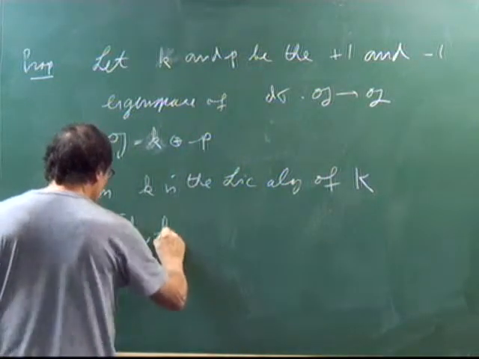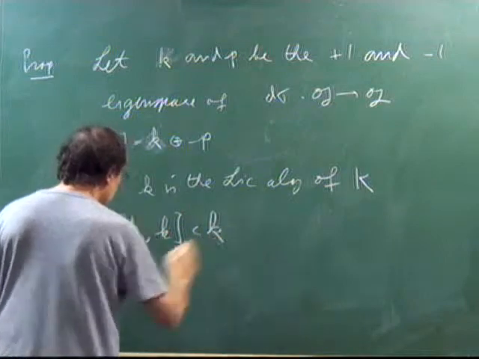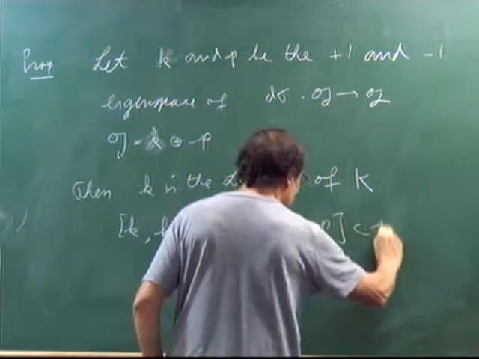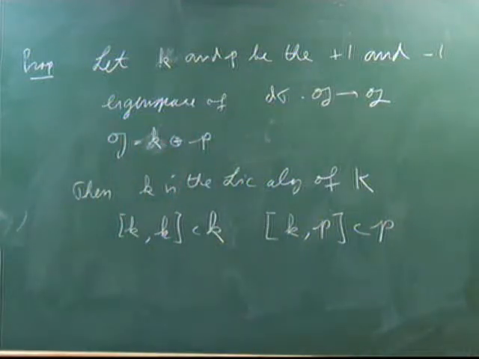So certainly [k, k] is contained in k. But now also [k, p] is contained in p. And that's our definition of reductive decomposition. Right? I have g is the sum of k and p. Reductive meant that [k, p] lies in p.